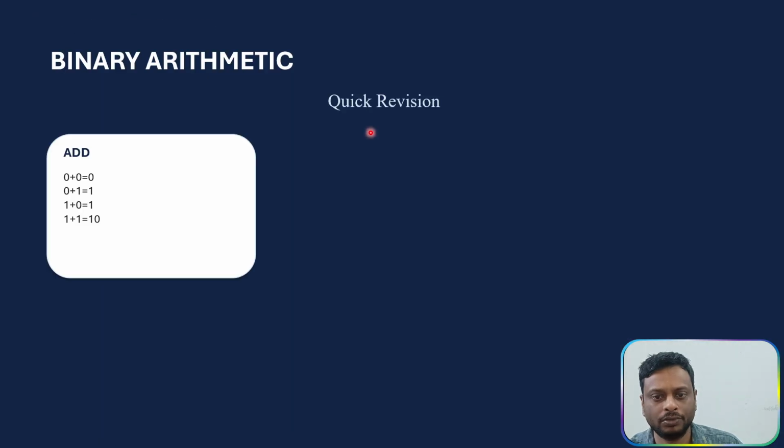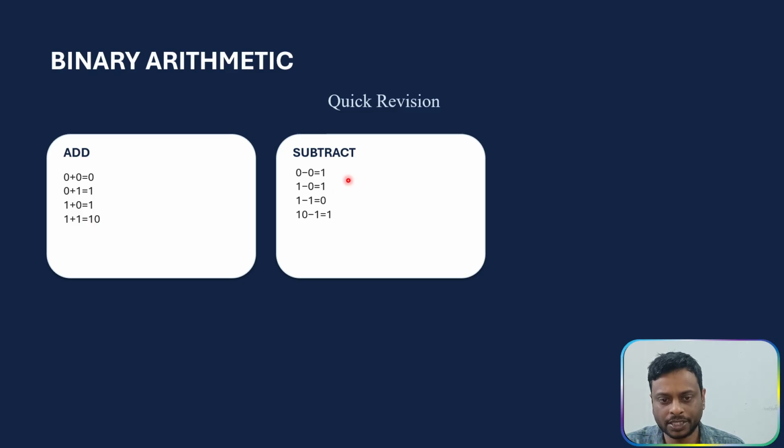Next one is a quick revision. These are the addition operations. So 1 plus 1, there is a carry. Sum is 0 and carry is 1. If we subtract, 0 minus 1, you have to borrow 1. So 1 0 minus 1 will be 1. In this case the difference is 1 and the borrow is 1.